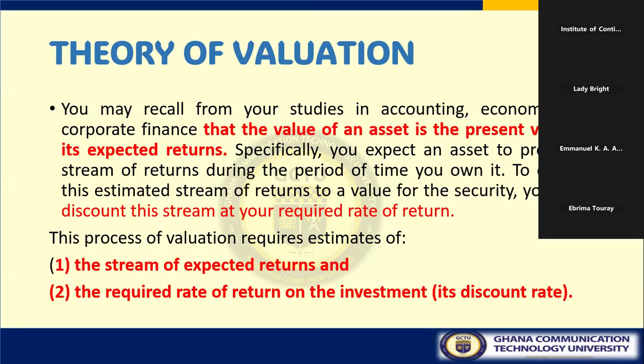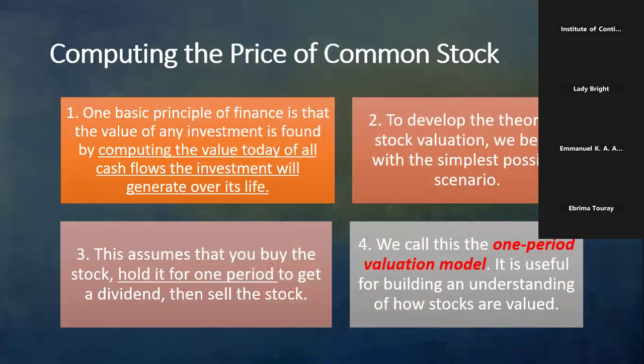If it is a bond, you are looking at coupon. Then you have the principal at the end of the period. If it is for stock, you are looking at dividend. And then when you sell it at a point, you have price appreciation and you get some money from that. So the valuation goes into valuing all streams of income.